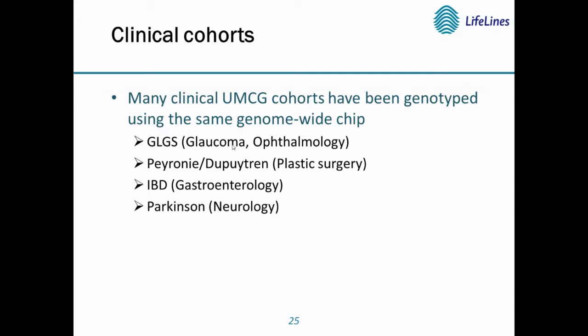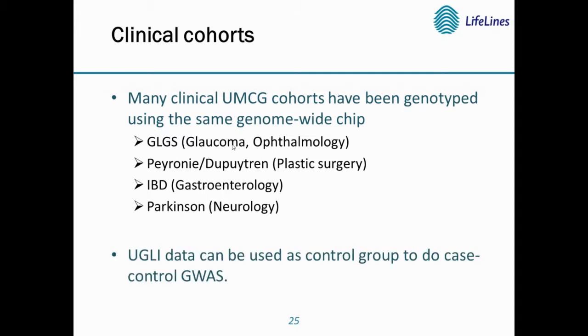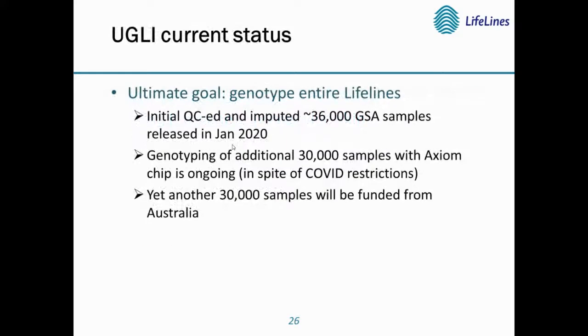Gastroenterology had IBD patients genotyped, and neurology Parkinson's patients. And the UGLI data gave them the opportunity to use them as control groups to do a case control GWAS. And several of these case control GWASs have indeed now been done with the current data.